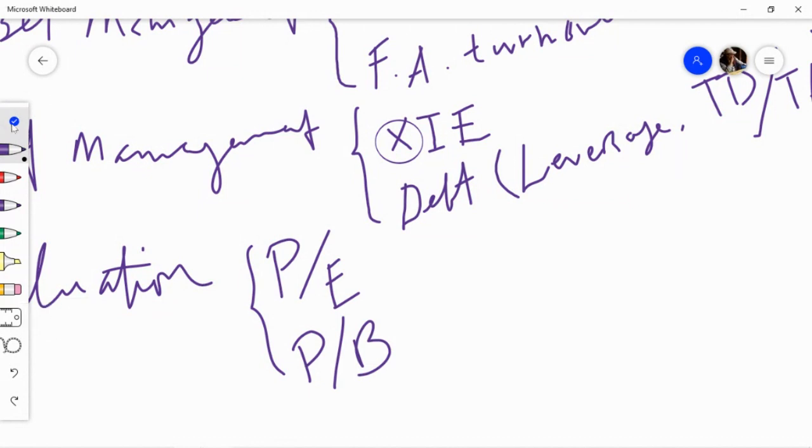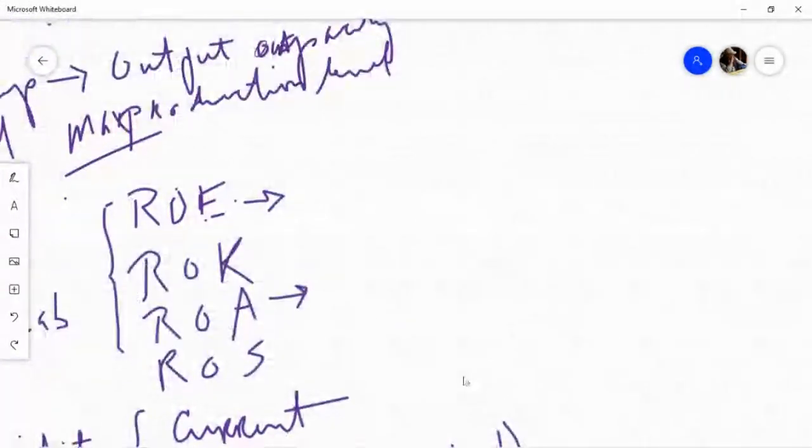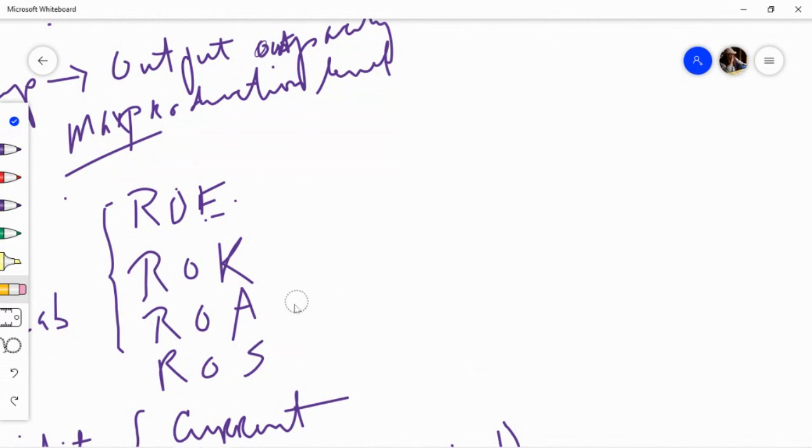Now, let's first talk about return on equity and return on assets.